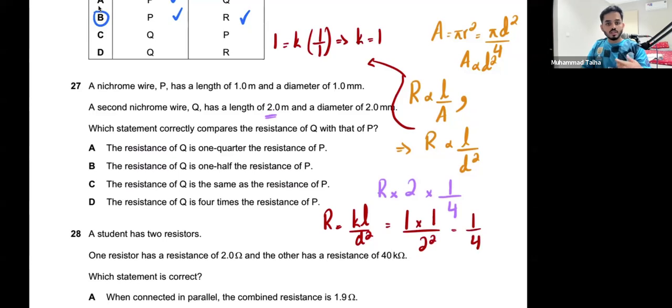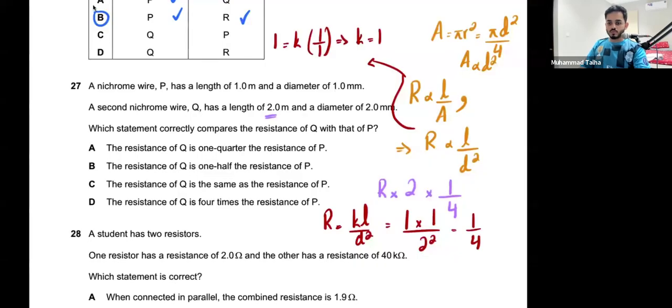And now I hope that you guys can see what I've done here, right? So previously the resistance was, all right, apologies. This is not 1 anymore because the length is now 2, so it's 2. So 2 over 2 squared would then be half, which is the exact same thing that we were seeing from what we did with the ratios here, that the resistance is just going to half.